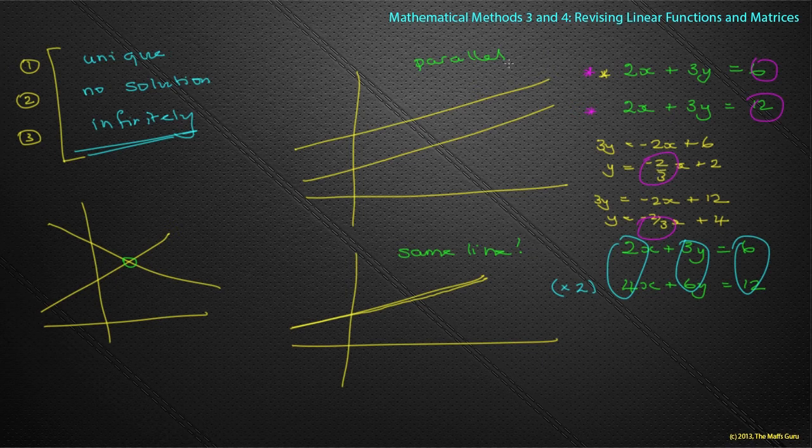So for parallel lines, we need the values in front of the x and the y to be the same, or multiples of each other. We're not bothered about the value over here. And to have a unique solution, 2x plus 3y is equal to 6, and 3x plus 2y is equal to 12 will give us one solution.